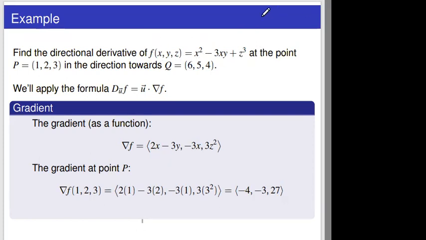Here how many independent variables? 1, 2, 3 independent variables and only one dependent variable, which is this. Let's say this is w. So altogether this is a 4-dimensional surface or hypersurface, at the point 1, 2, 3 in a direction, this time in 3 dimensions.